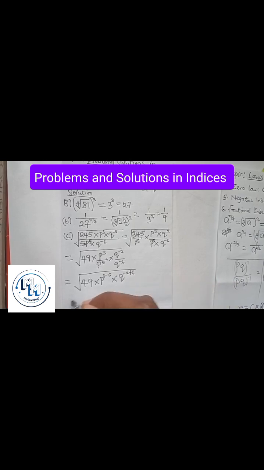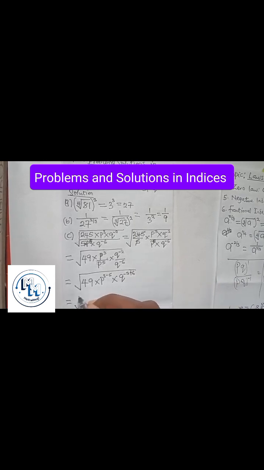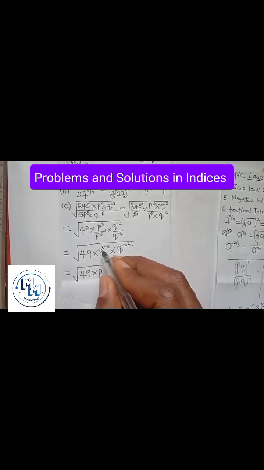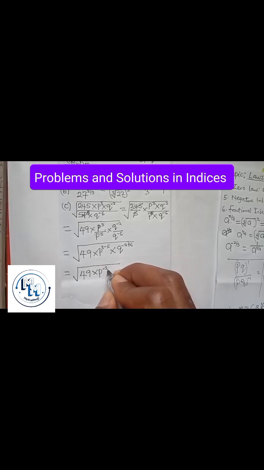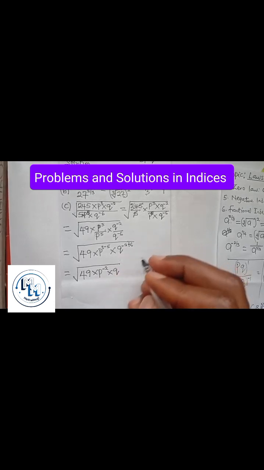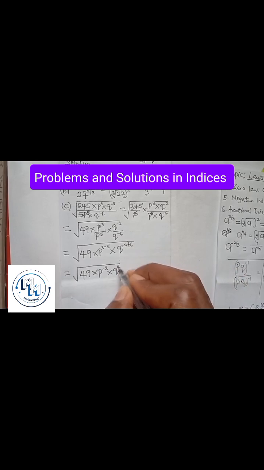All right, let's go. This is 49, all right, times p power 3 minus 5 is minus 2. Is that okay? Now times q power minus 2 plus 6 is 4.